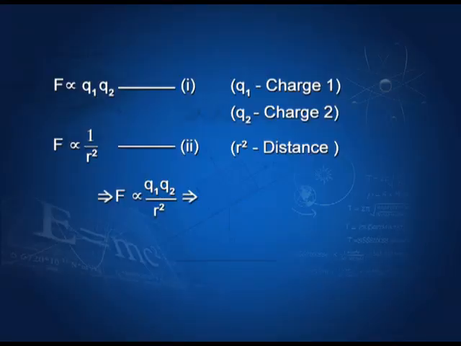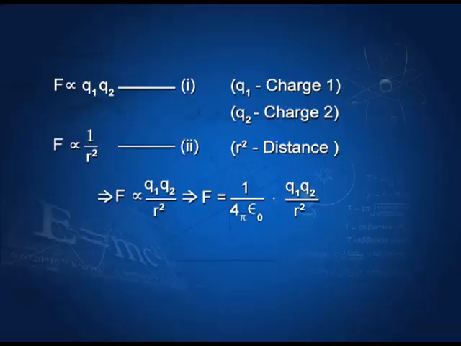In order to remove this proportionality, I have to insert a constant, and Coulomb found that it was equal to 1 by 4 pi epsilon naught. So the Coulomb force became F is equal to 1 by 4 pi epsilon naught times q1 q2 by r square. It looks like a really simple formula, but one thing we should pay attention to.